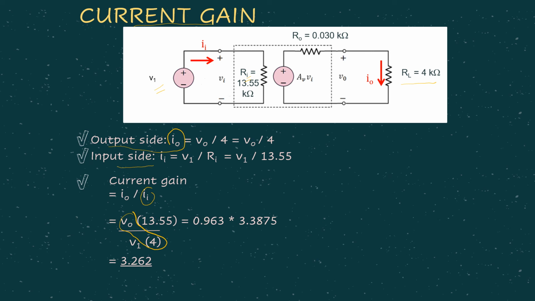Then if you rearrange, you notice that we have V0 over V1 here, which is our voltage gain that we already found just now. Substitute, and as you can see here, the final answer is a current gain of 3.262. Yes, the current is being amplified by 3.262.